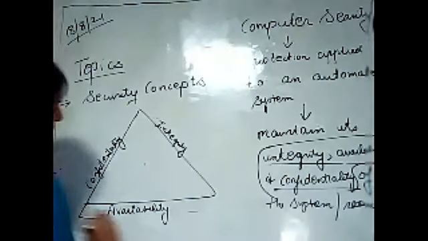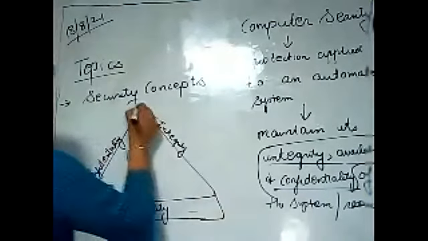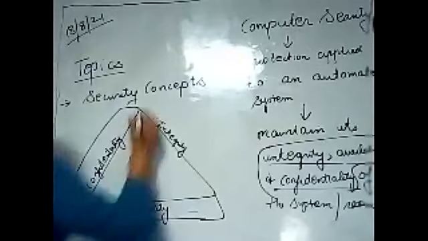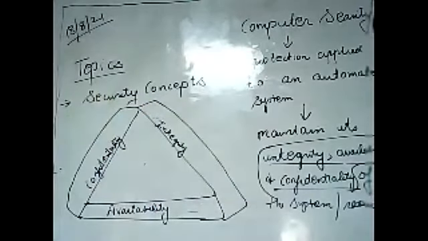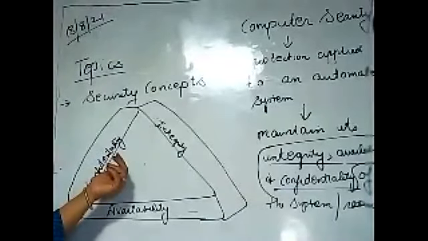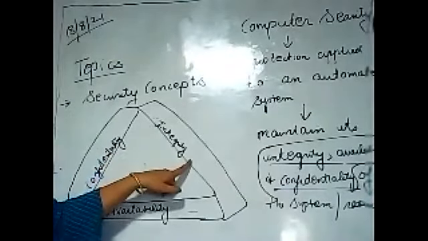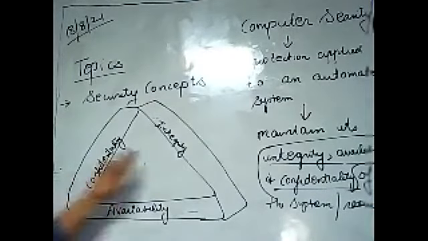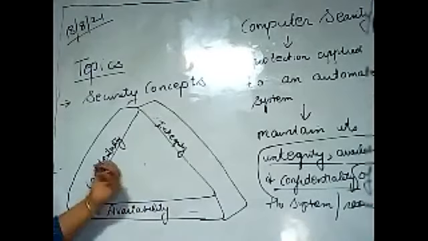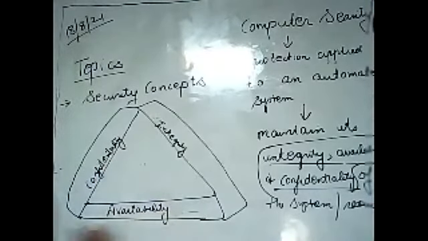Okay, so these are the three things that we need to maintain when we talk about a particular information security concept. The first one is confidentiality, the second one is integrity, and the third one is availability. One by one, we will discuss the different techniques to maintain confidentiality, integrity, and availability.